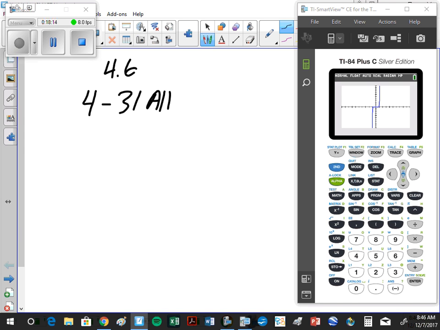In 31 you're just going to simplify and come up with a complex number. So in 31, simplify each one and then add them together, and you'll get a complex number. You'll get a real portion and an imaginary portion. Then we're also going to do 37 through 54 all.